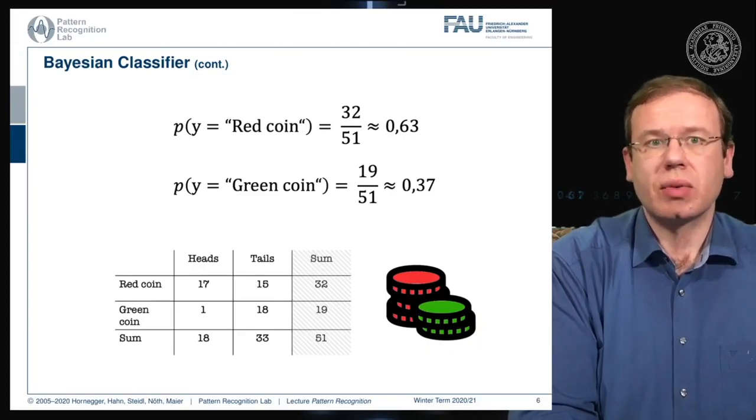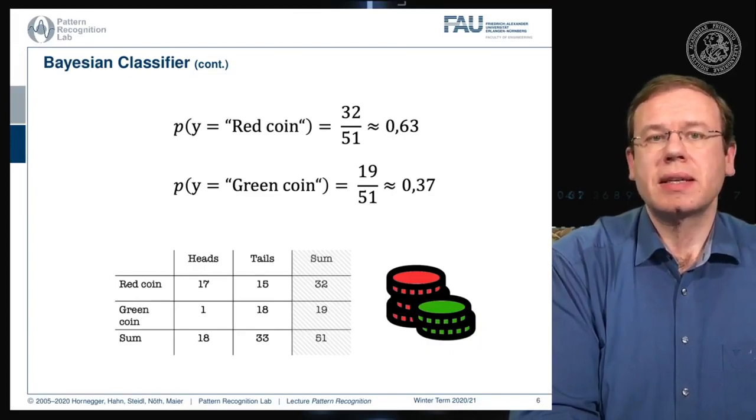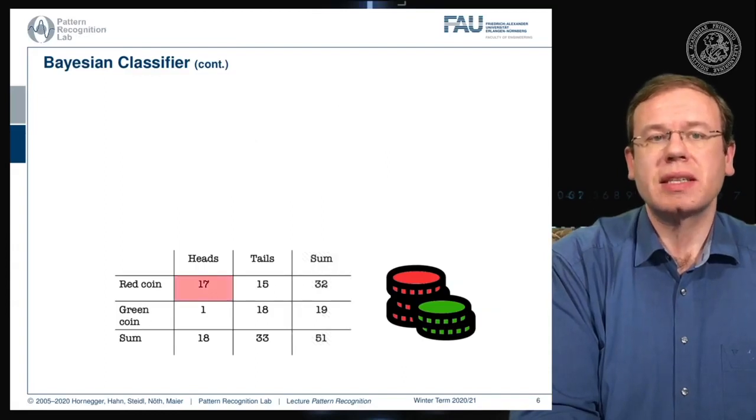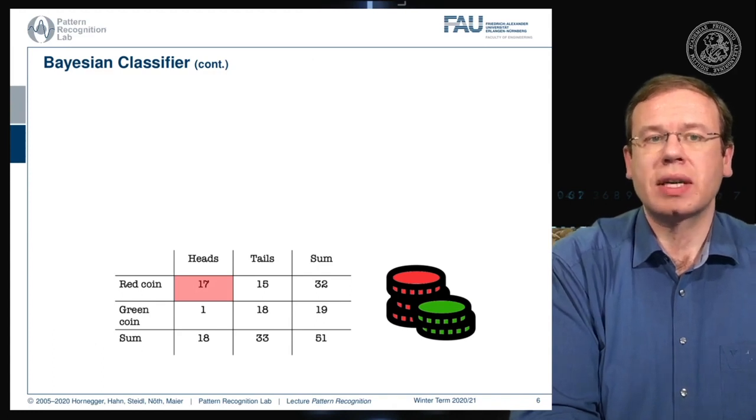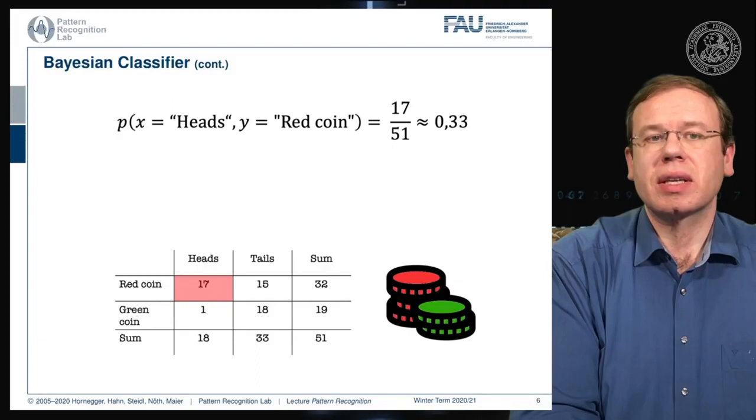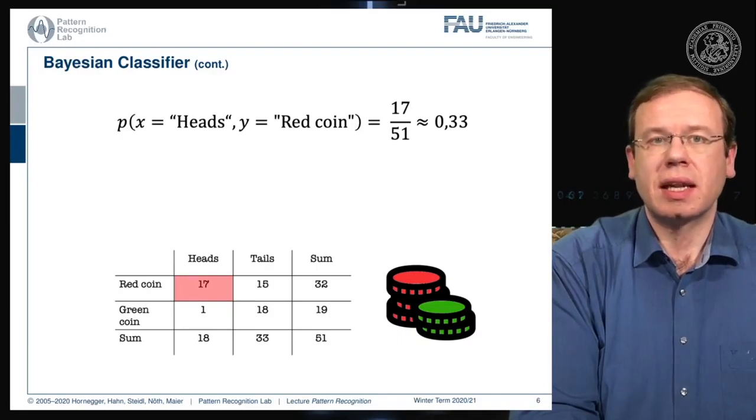Makes perfect sense, right? So let's look a bit into the joint probabilities. Now this would be the probability that you observe heads and the red coin at the same time. So here you can see this is 17 times with 51 observations in total, so this is equal to about 33% likelihood.